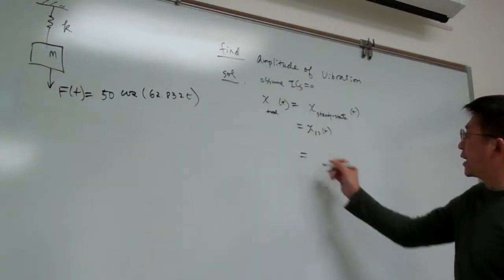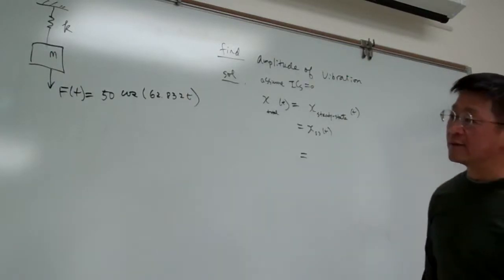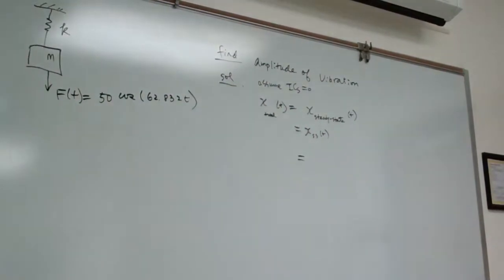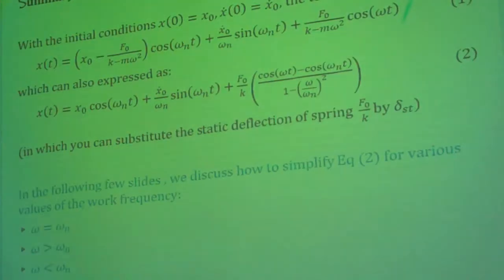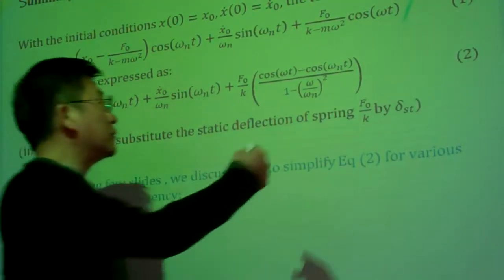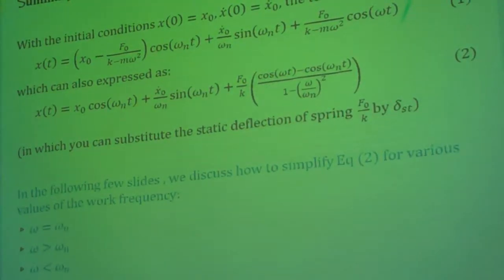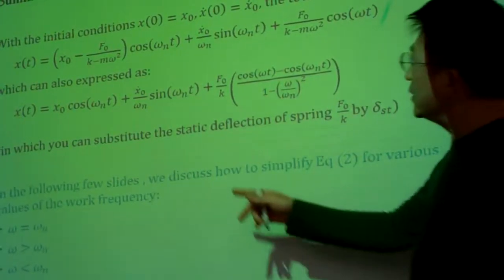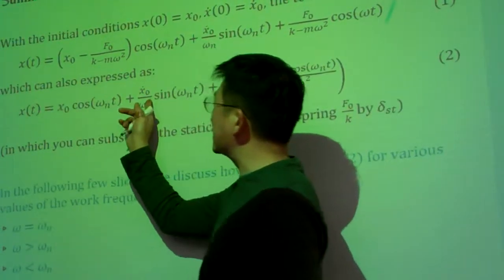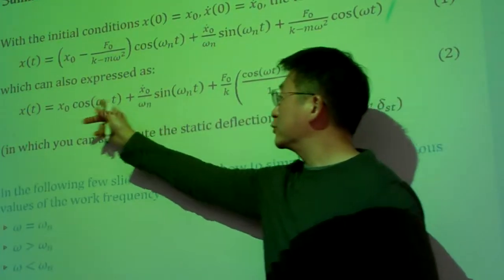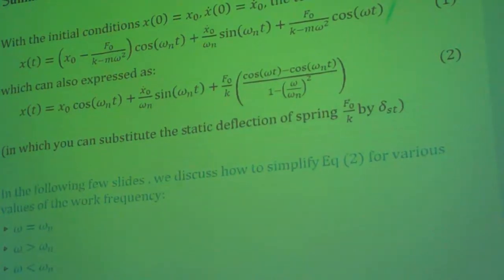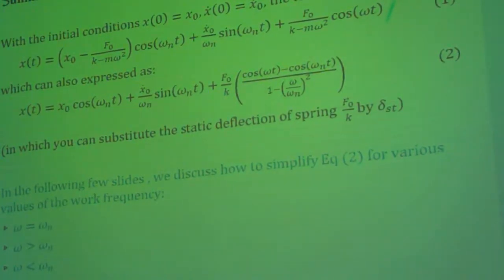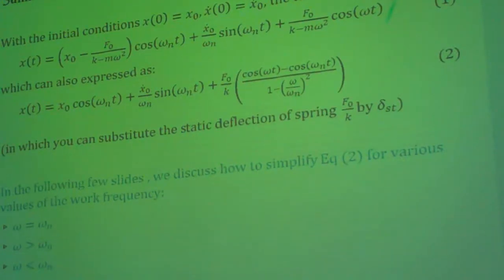And from our equations, if you remember, let me go back a few pages earlier. Either you like to pick equation 1 or equation 2. From equation 2, because of the 0 initial conditions, the first two terms will disappear. Only the third term is there. So let me pick up that information.